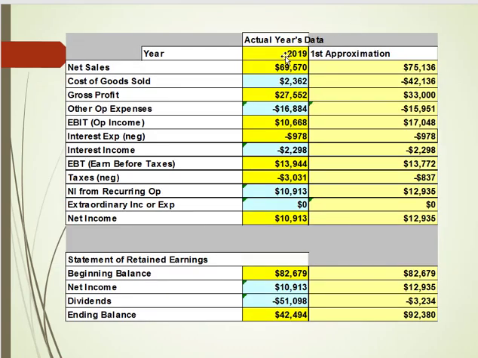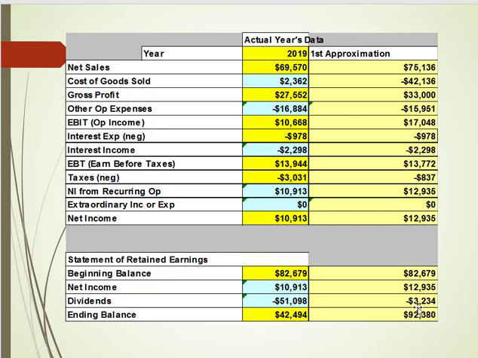So the very first year we indicated, we put in our first year's income statement, our last year's income statement and retained earnings. And of course, the data from the previous slide is going to predict the next year's income statement and retained earnings.